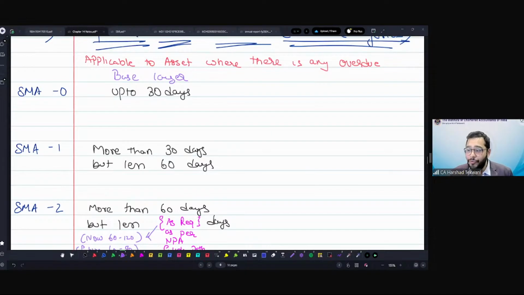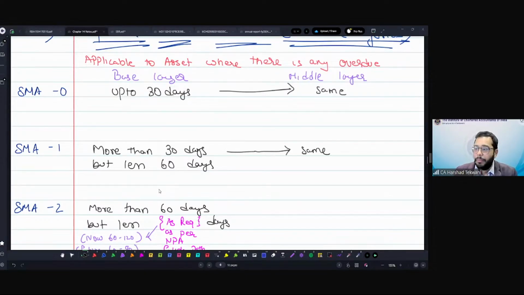Now, when it comes to the middle layer, up to 30, pretty much same. 30 to 60, same.